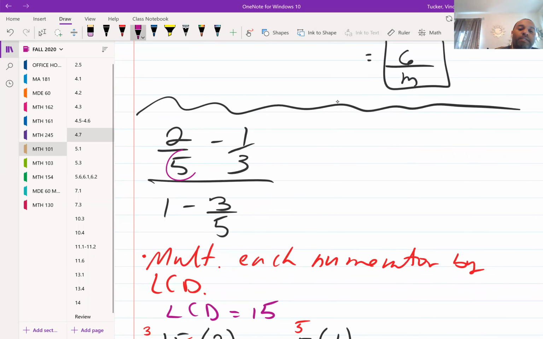So we have 5, 3, and 5, and the LCD of all three of those is 15. That's the smallest number that each number can divide into evenly. So don't forget that, smallest.